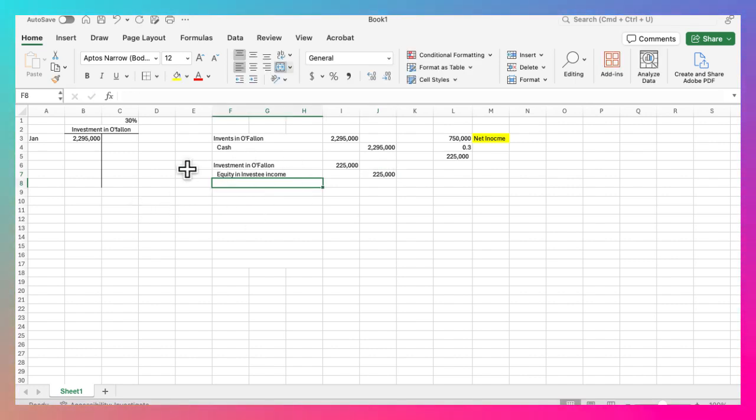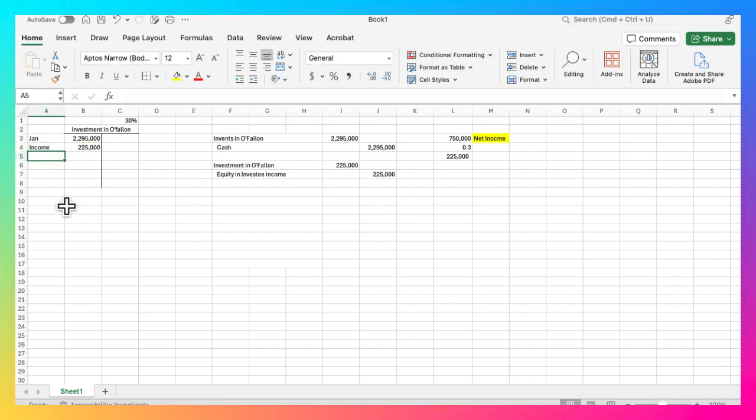So now we can post this journal entry to the ledger or our T account, and we could see that the amount we're reporting for O'Fallon is increasing by that amount of net income.